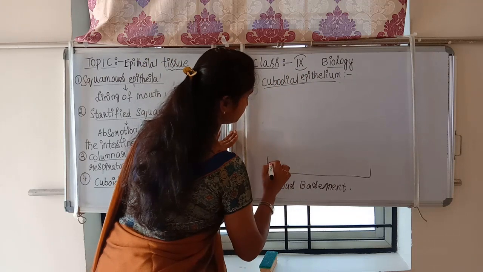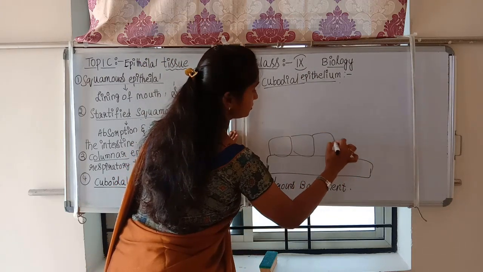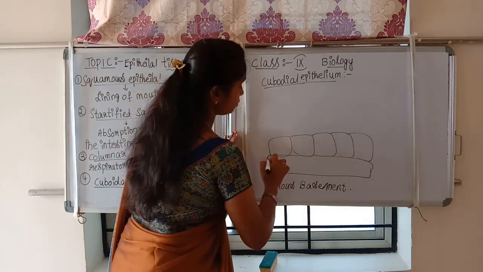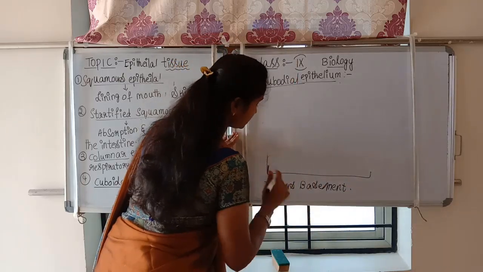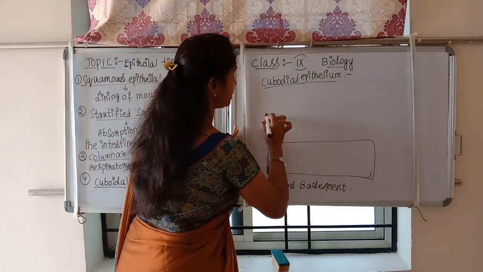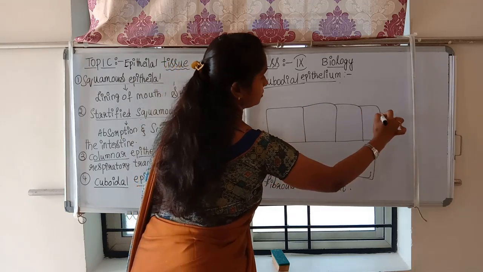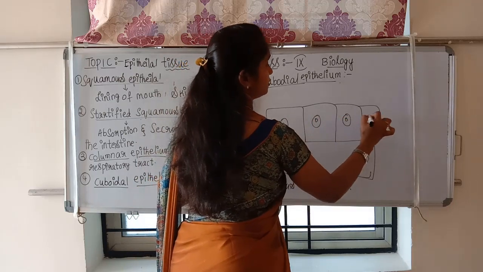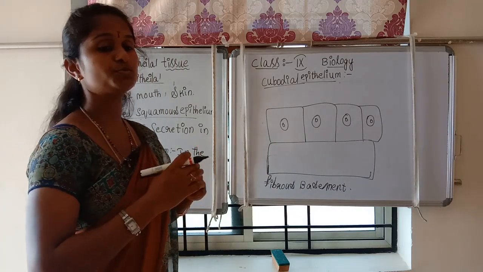This is the fibrous basement. The basement is very big. It has a wide fibrous basement, and the cells look like cubes.